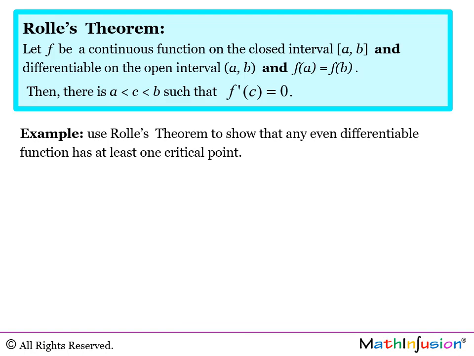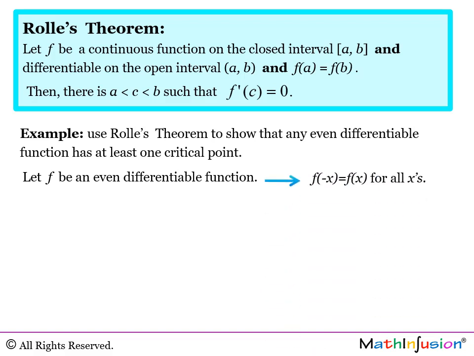Example: use Rolle's theorem to show that any even differentiable function has at least one critical point. Let f be an even differentiable function. If it's even, we know that f(-x) equals f(x) for all x.